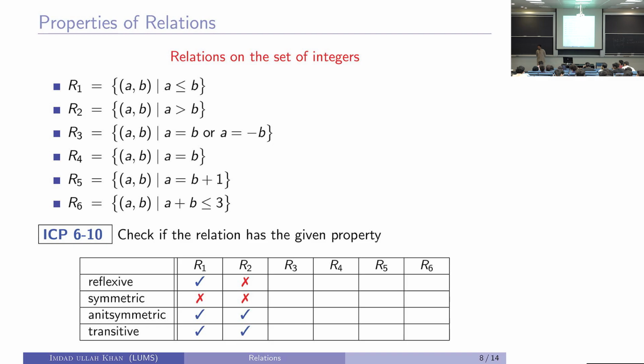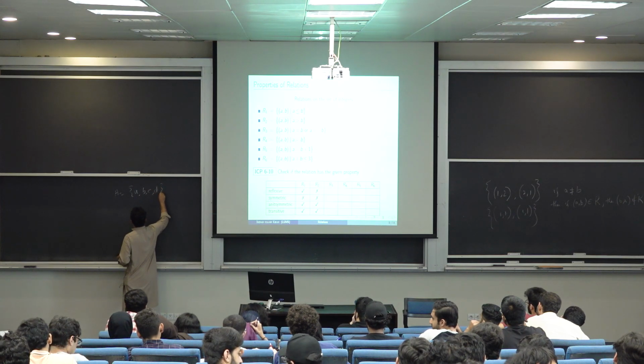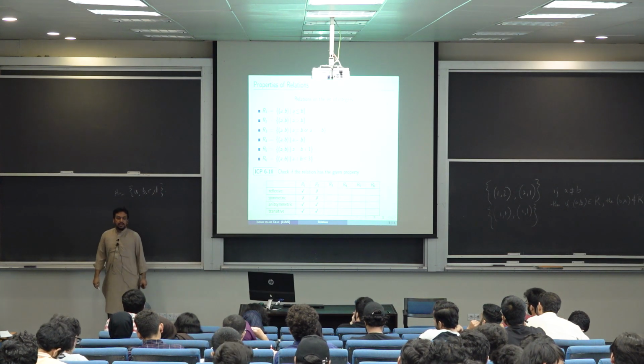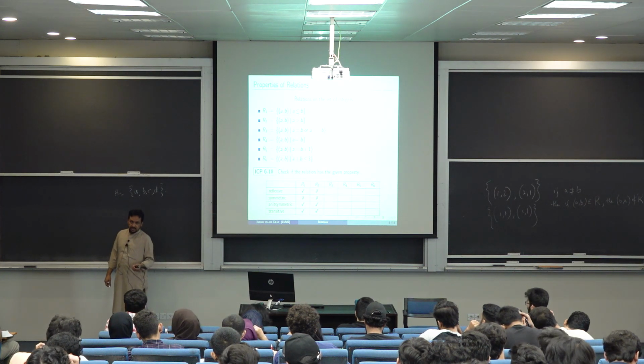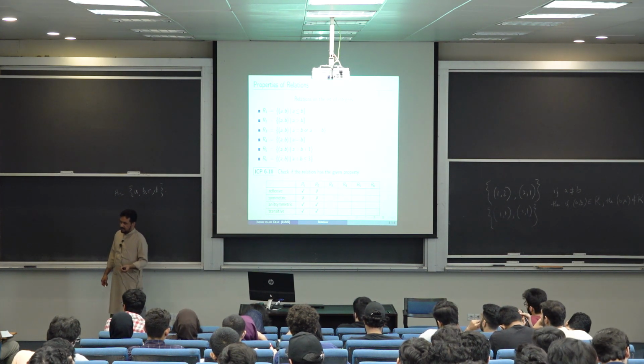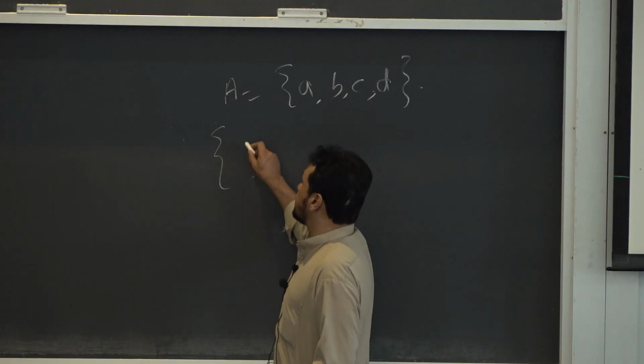You said earlier the question about antisymmetric and symmetric, that both can be together, and that happens when... So we wanted to make an example of a relation which is symmetric and antisymmetric, right?